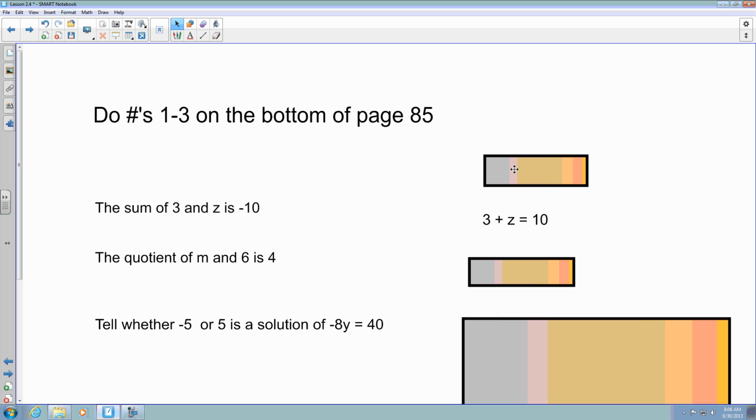I apologize, this should be negative. Going to the next one, we have the quotient of m and 6 is 4. Quotient means division, so m divided by 6 equals 4. That's what that statement is telling us.